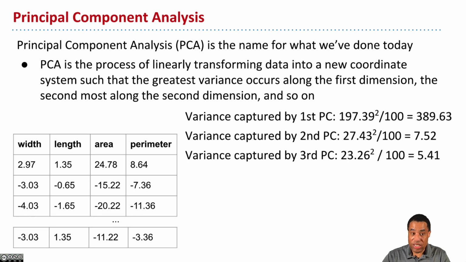And so in our example here, we could see that most of the variance gets captured by our first principal component, and then a lesser amount by our second principal component, and an even smaller amount by our third principal component. And our fourth principal component is 0, so it captures no variance in our data.